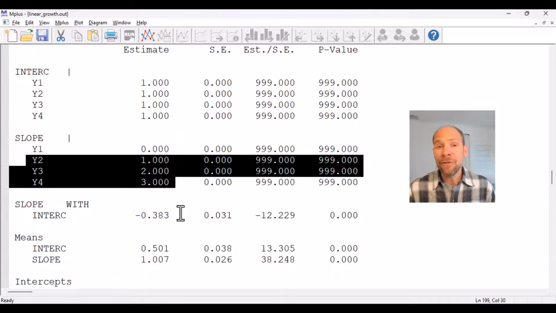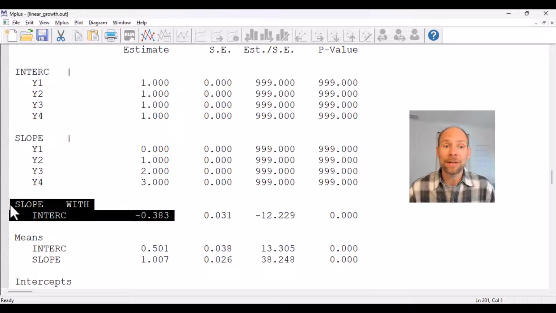So therefore, it's not a simple structure CFA model where each variable has only one loading on one factor. Here we have 3 variables that have double loadings, and moreover, we also have a covariance between intercept and slope.